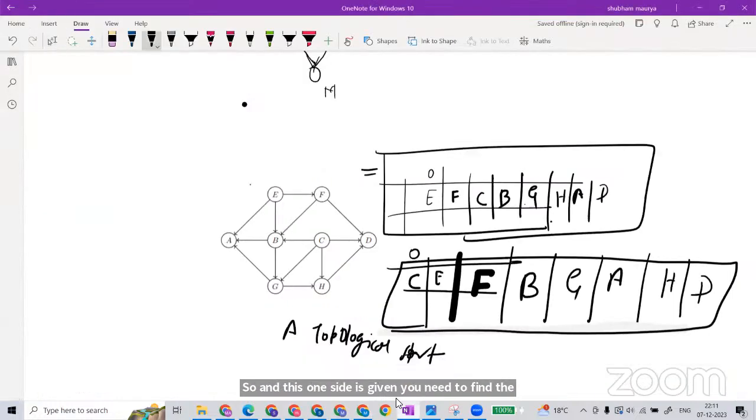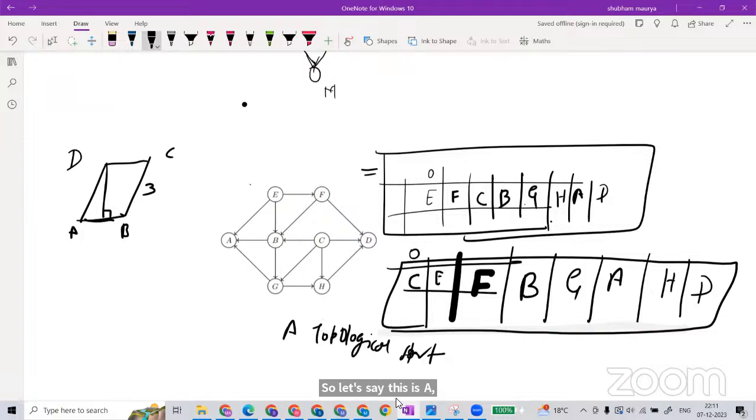So the area of the parallelogram is this base and this height. Let's say this is A, B, C, D, and this is 3, and the perimeter is given, which is 10, in that problem. If this one is 3, then the opposite one is also 3. We need to find this one.